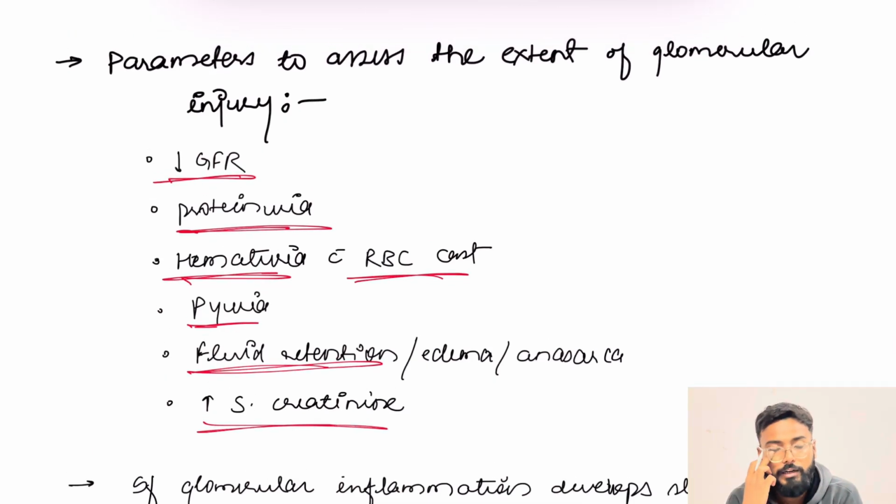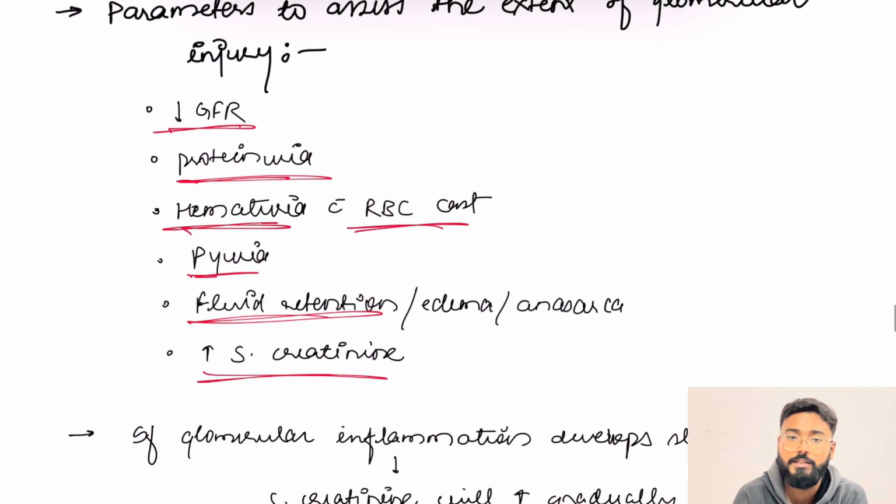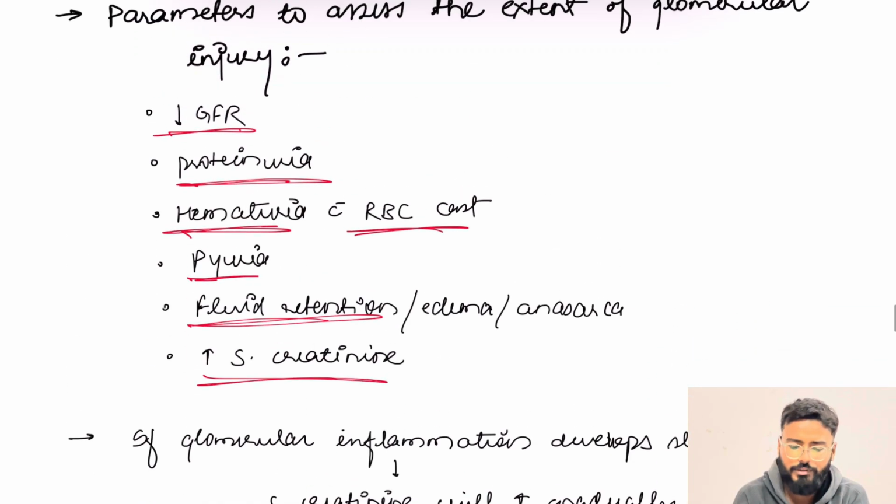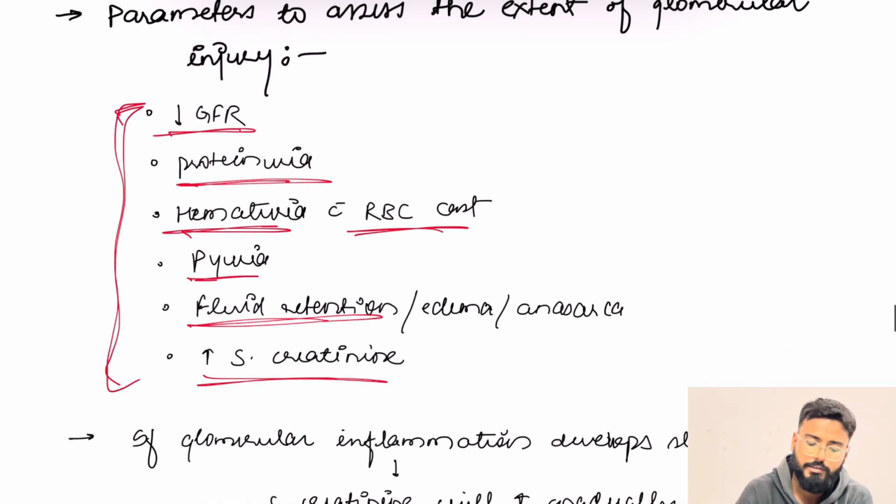So whenever a patient comes with any such symptoms, single or multiple, you should have a rough idea in the back of your mind about all these glomerular diseases. It could be any of these, and that's how we should start our investigation further. So these are the presenting features of glomerular injury.